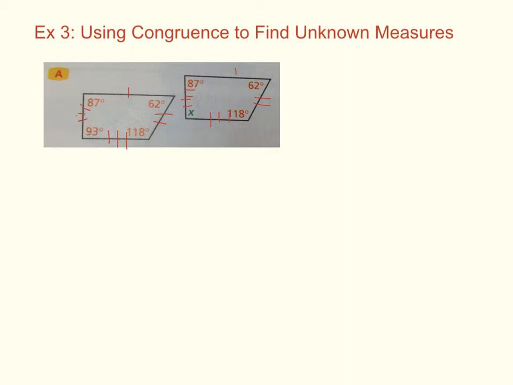So I'm looking for x. This is what I want to know. So what angle corresponds to x? If I look on my shape over here, 93 corresponds to x. So the unknown measure is 93 degrees.